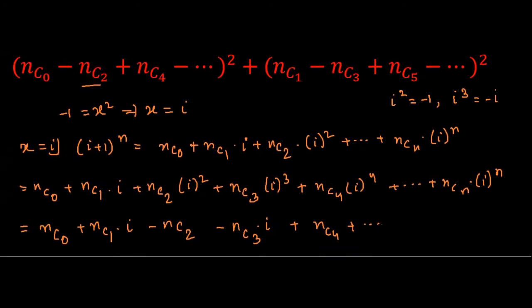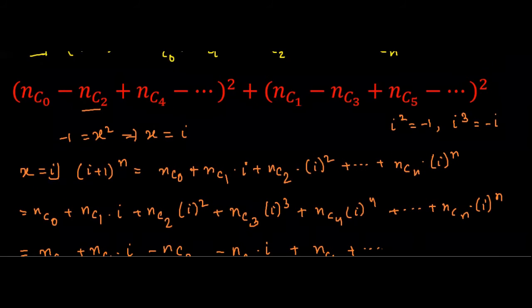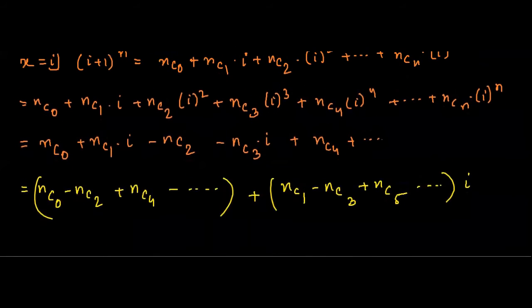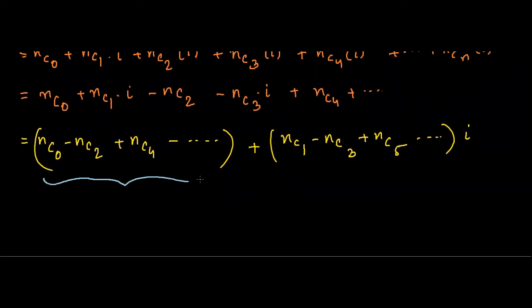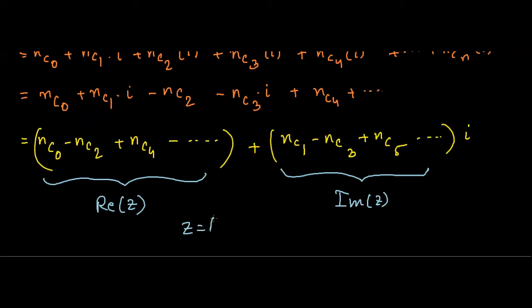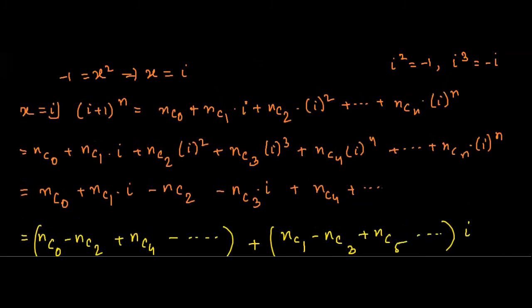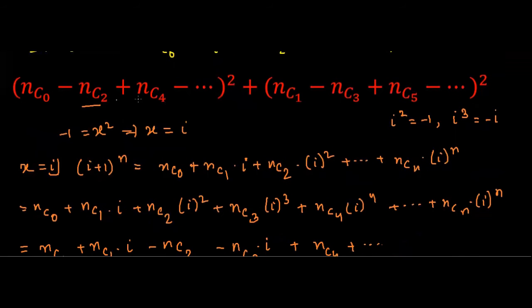Now, if we look very closely, if we call (i + 1)^n as z, then this is actually the real part of z, and this is actually the imaginary part of z, where z refers to (1 + i)^n. And this is what we needed to find.